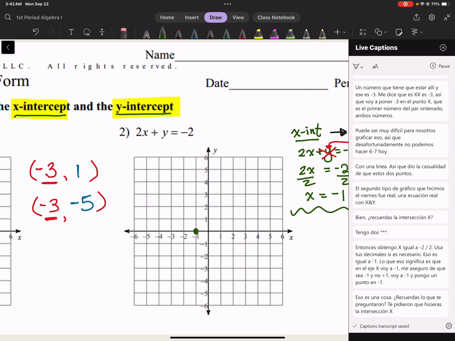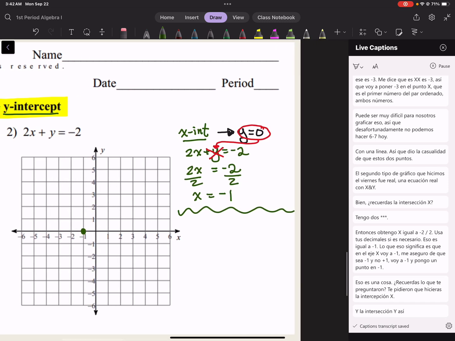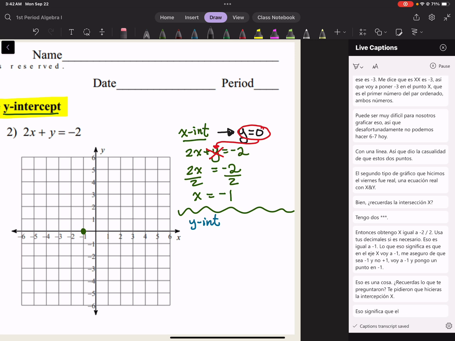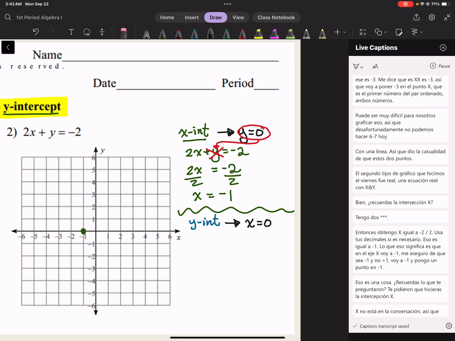and the y-intercept. So that means the next point that I'm looking for is my y-intercept. That means that the graph and the y are talking. Who's not in the conversation? X is not in the conversation, so make that equal 0.